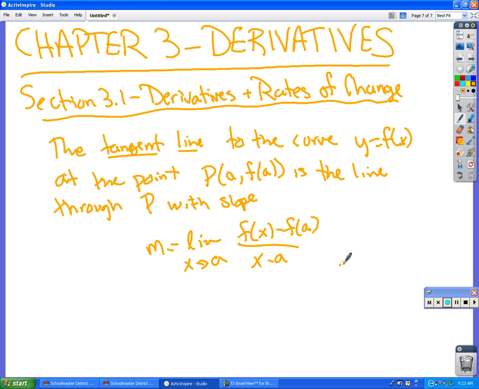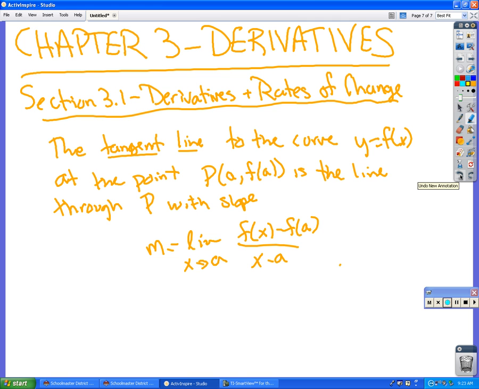All right, so this little definition here summarizes a lot of the things that we were talking about in the last chapter. And that is that the tangent line to the curve y equals f of x, so nothing fancy there, at the point P of a comma f of a. This looks a little bit scary, but it shouldn't be.